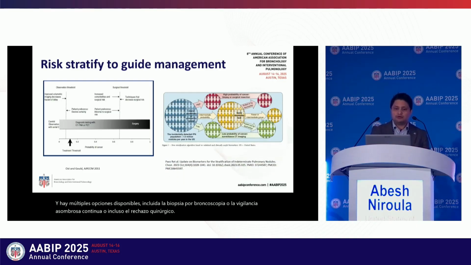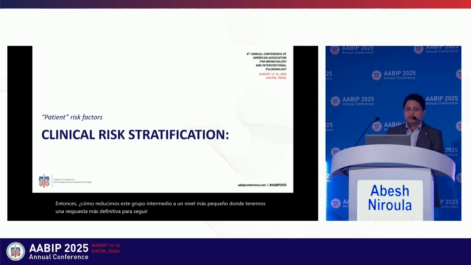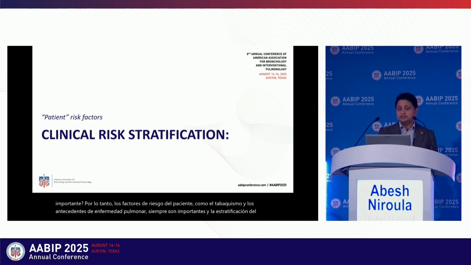So how do we shrink this intermediate pool to a smaller level where we have a more definitive answer to follow these treatment algorithms becomes very important. So the patient risk factors like smoking and history of lung disease are always important, and clinical risk stratification is the starting point.